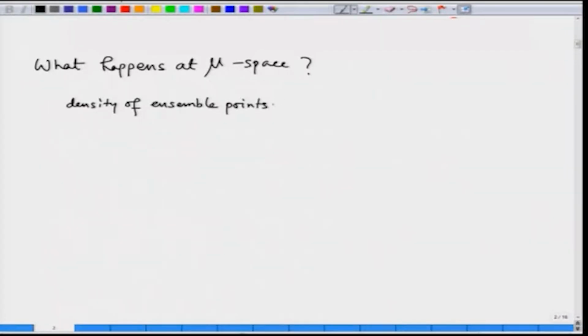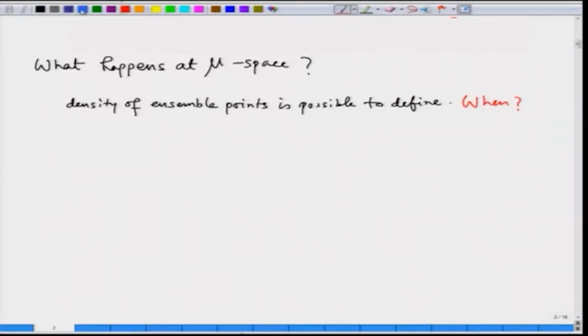But whenever I talk about density, you have to remember that every single point in mu space is a single particle state at a given instant. So, density of ensemble points is possible to define. Now, the question is when.